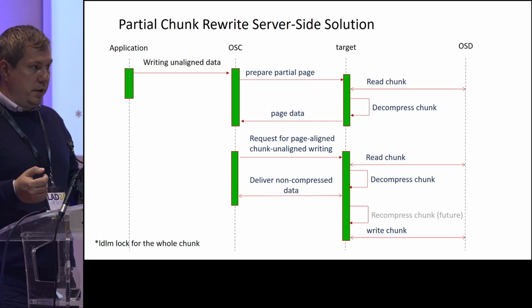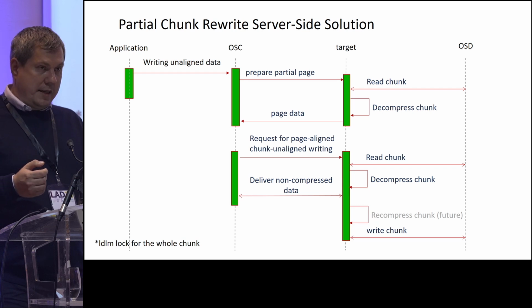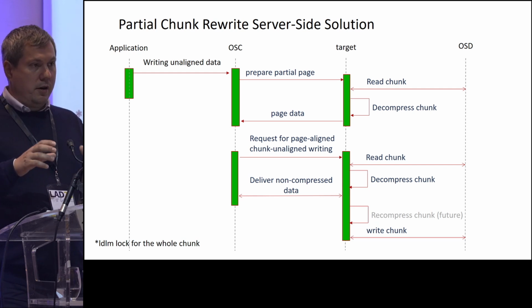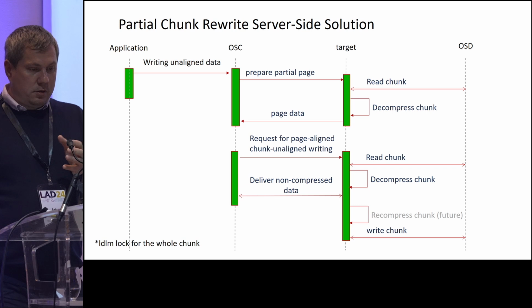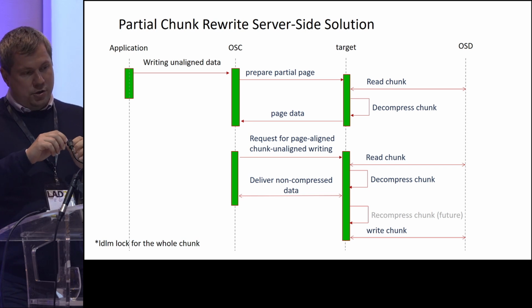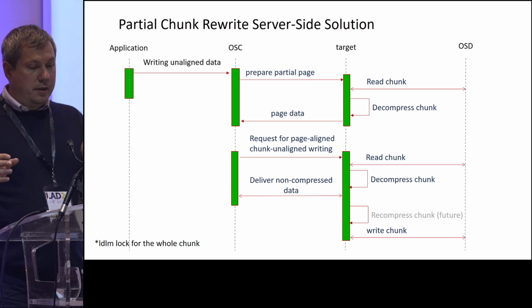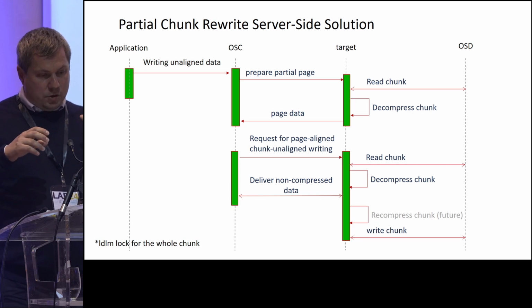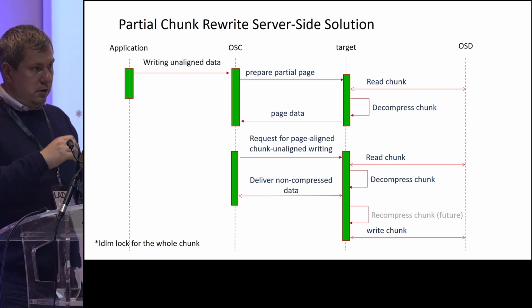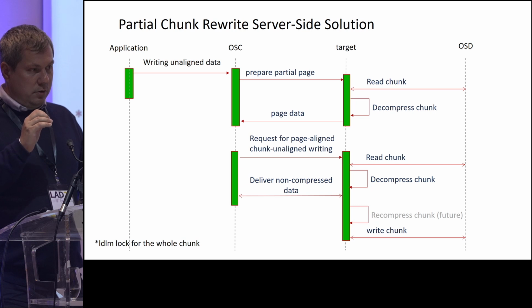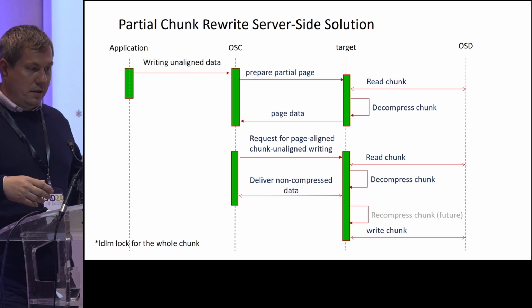So in case somebody rewrites part of the chunk, this part of the chunk is sent to the server uncompressed. The full chunk is read from the storage, partially rewritten, and placed back to the storage. Right now, this rewritten part is stored as uncompressed, to exclude the server spending its CPU to process a client's requests.